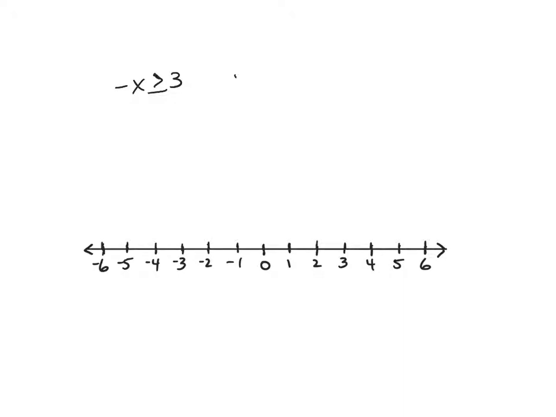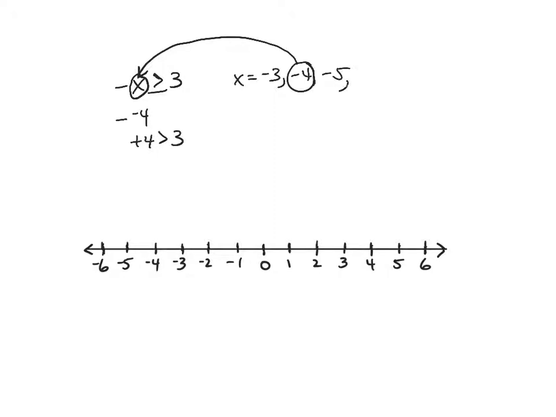So that would mean that x would equal things like -3, or -4, or -5, because let me just take one of these. If I put -4 in for just the x, I want the opposite of -4, which is +4, and 4 is greater than 3.